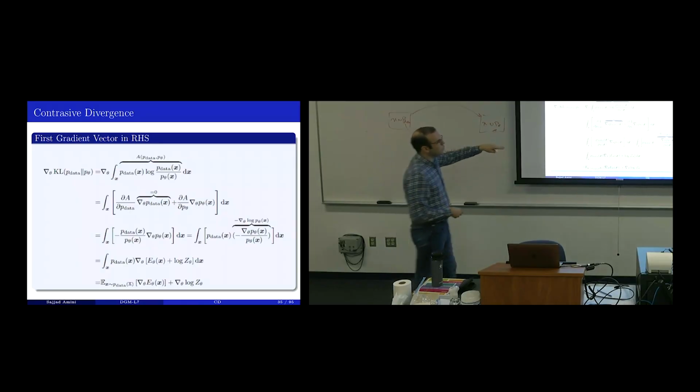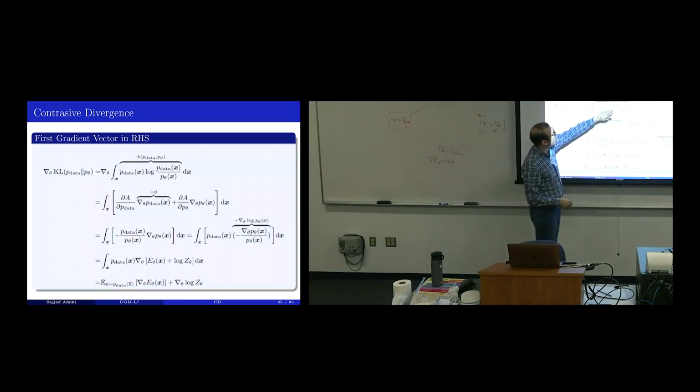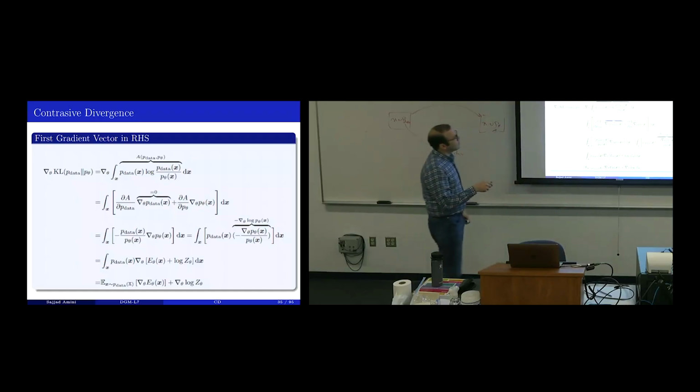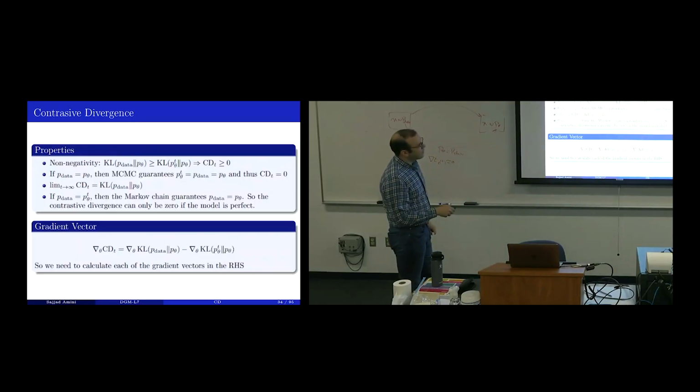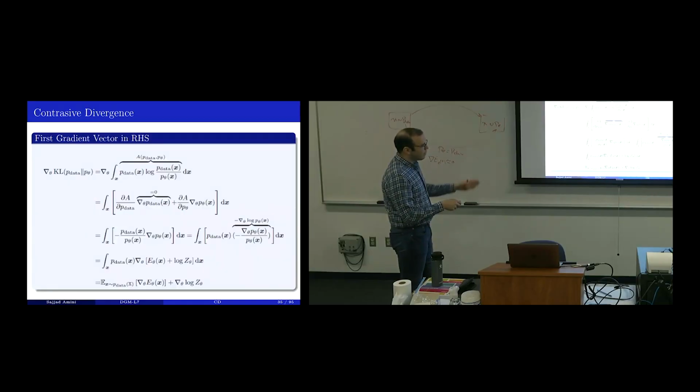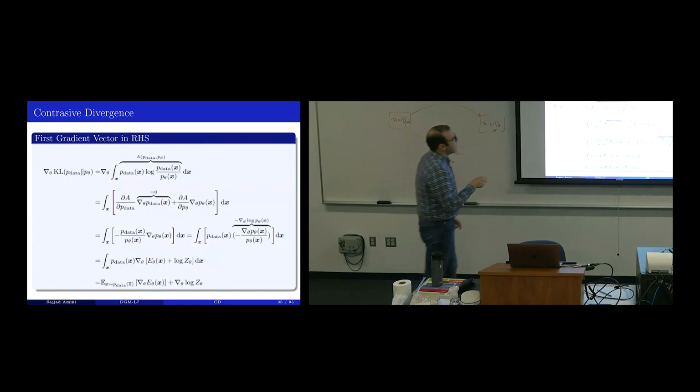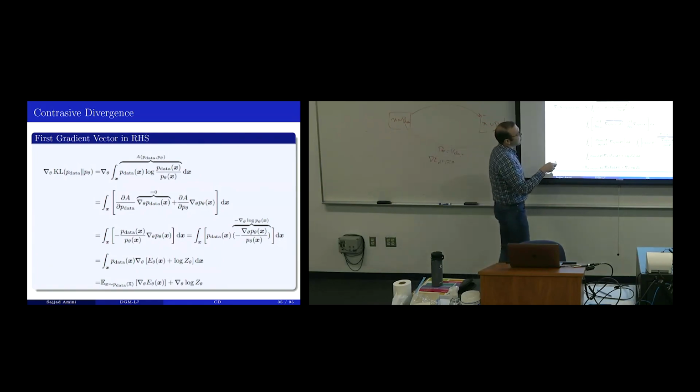It was better to be sequential, but assume just the first line, okay? I want to calculate each of these two gradients separately. Now I'm focused on the first one. Just a recap of what we have previously, okay? The gradient of the KL between p data and p theta, we know that the definition of the KL is this one, and I denote it by A of p data and p theta.